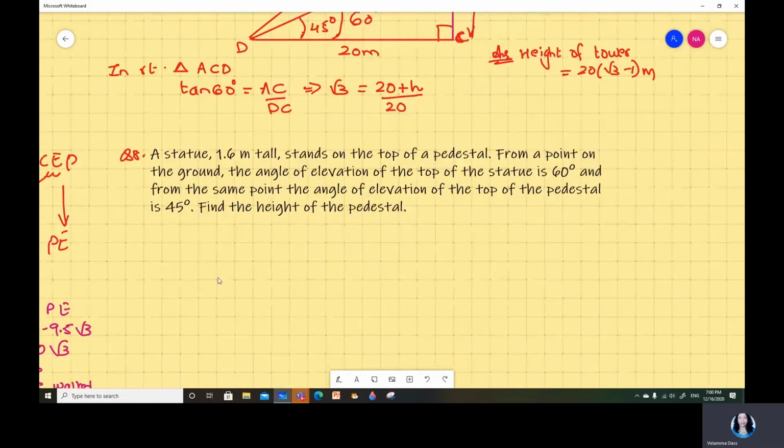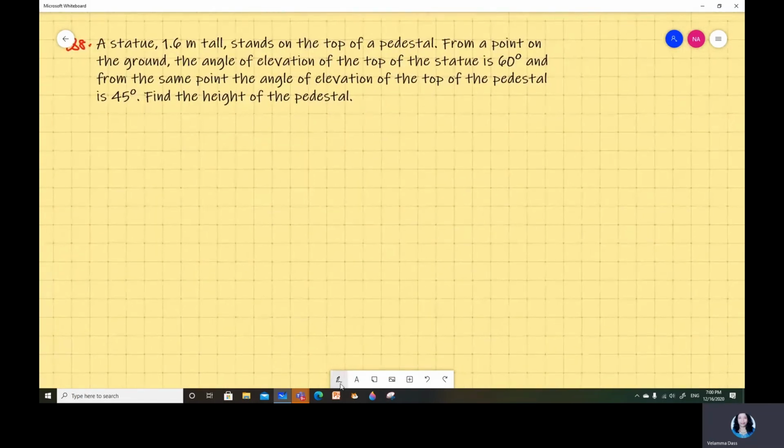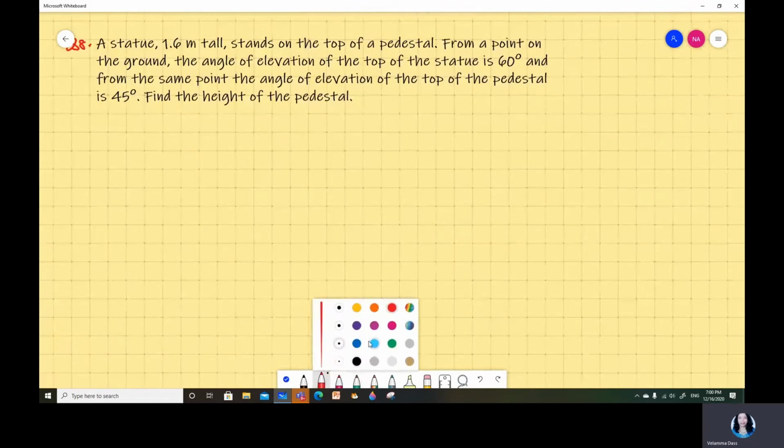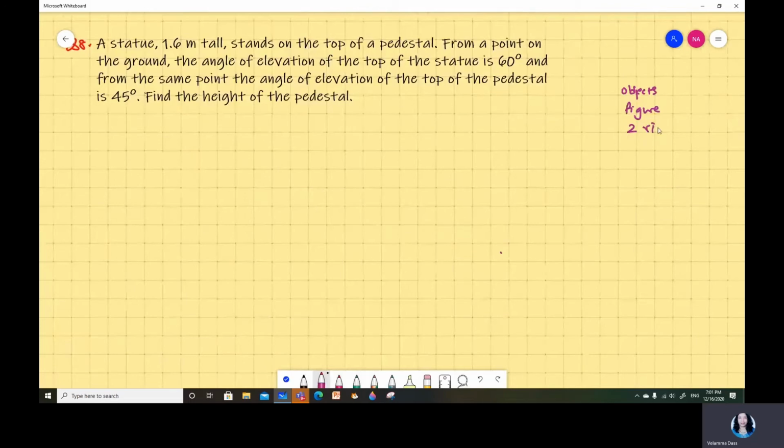Question number 8. Now from this you must have understood one thing. Whenever we solve this application of trigonometry, the first thing we find out the objects, then we interpret the figure, we find out the two right angle triangles involved, we find out the relation of the theta with the given side and the one which is common side, given and the required side, or sometimes the given may be common also.